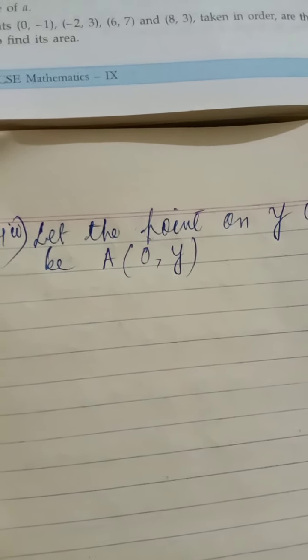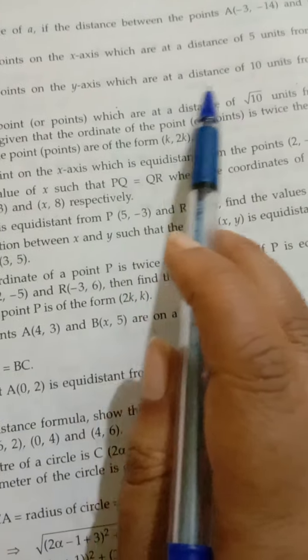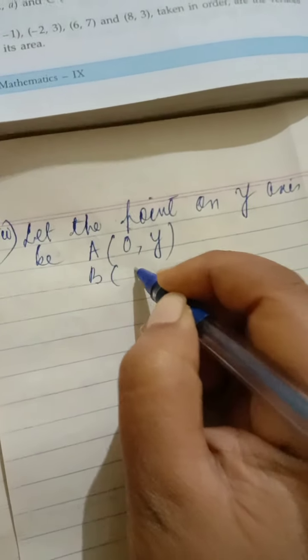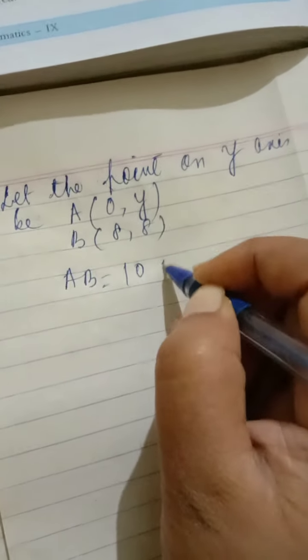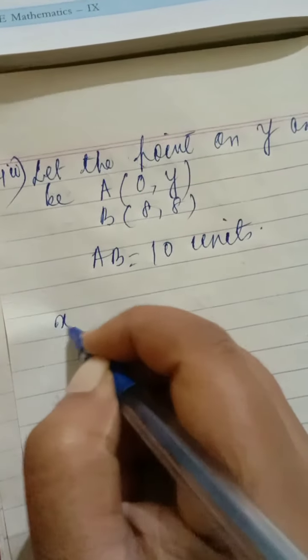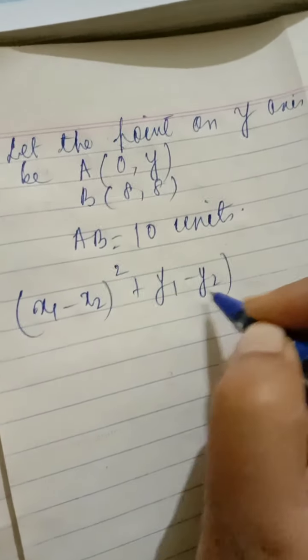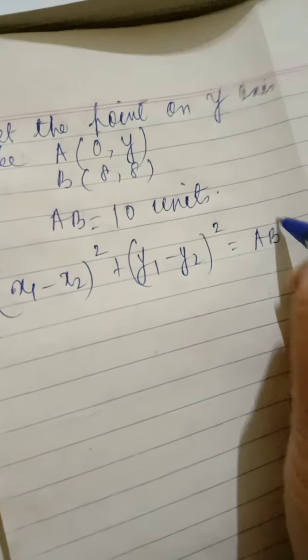Now another point is given here. Another point is 8, 8 and it is at a distance of 10 units. So let B equal (8, 8) and AB equals 10 units. Now we will use the formula (x1 minus x2) whole square plus (y1 minus y2) whole square equals AB square.